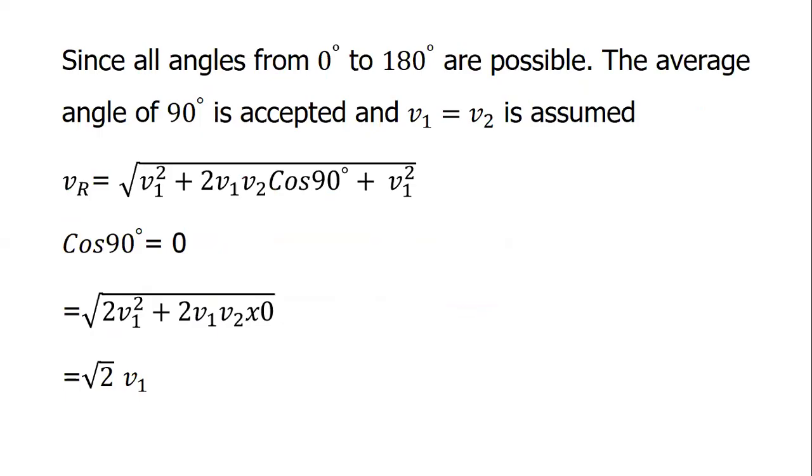So Vr equals root under v1 squared plus 2 v1 v2 cos 90 plus v1 squared, which is root under 2 v1 squared plus 0, so Vr equals root 2 v1.